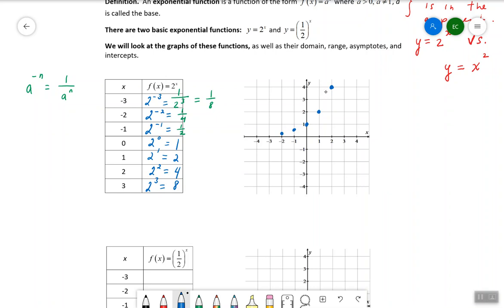So let's just stick with these 5 points, and let's connect a nice smooth curve through the points. And there's our graph. So this is f of x equals 2 to the x.